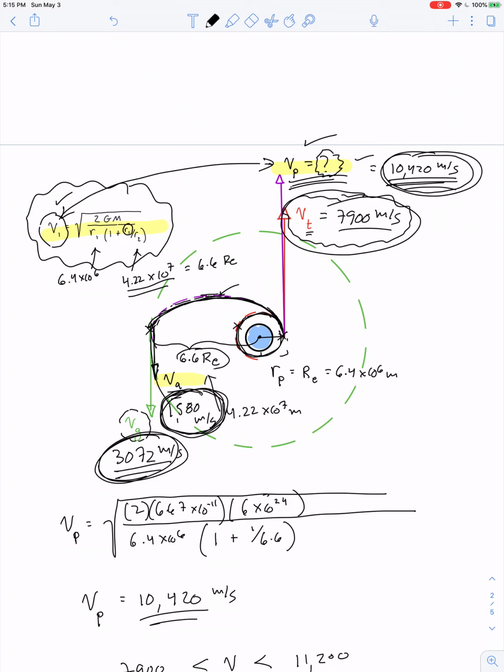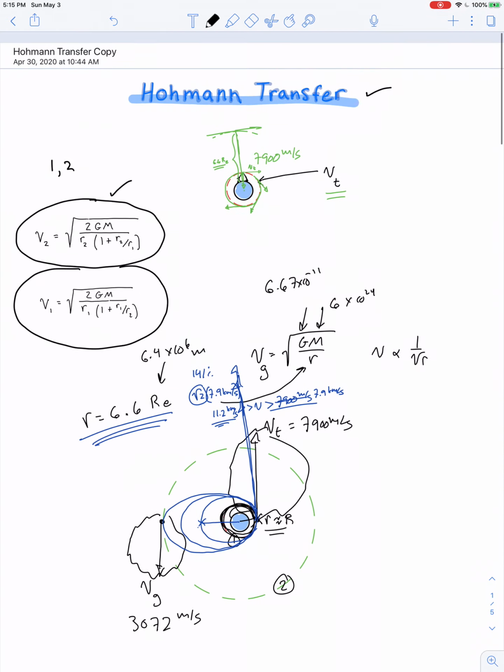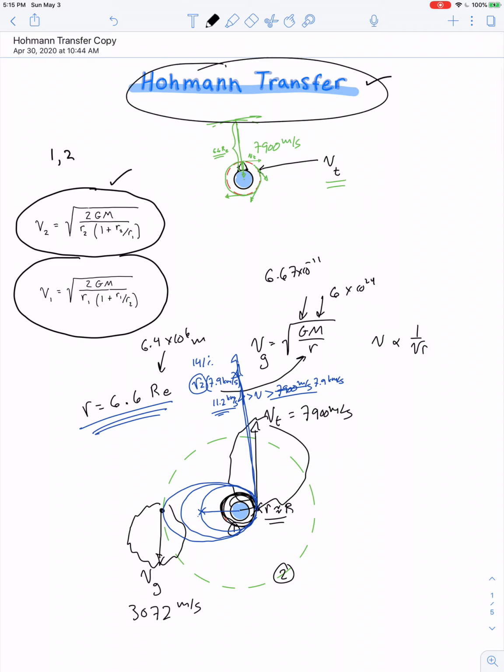And once that speed is achieved, then the final result of a circular geosynchronous orbit is satisfied. So there you have it. There are 4 different velocities that you can calculate for that describe the changes in speed for this maneuver known as a Hohmann transfer. Thanks for watching.